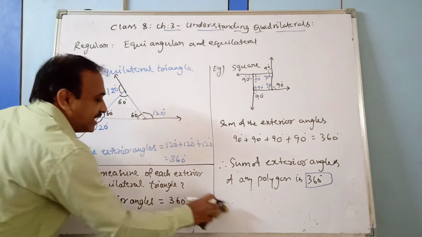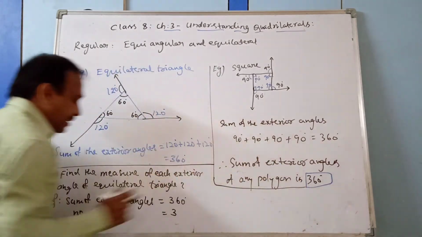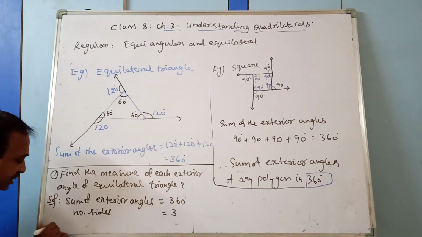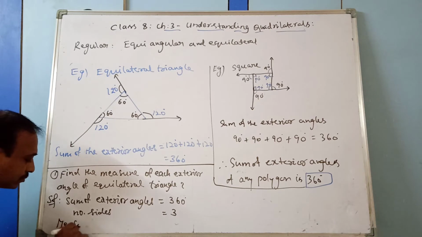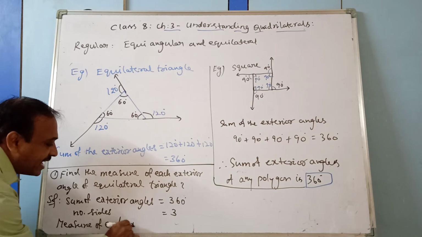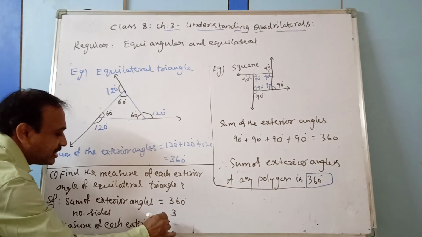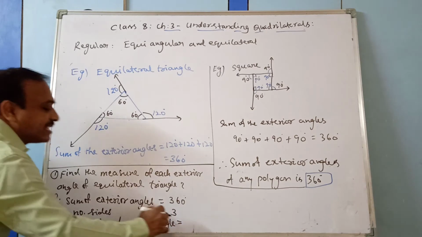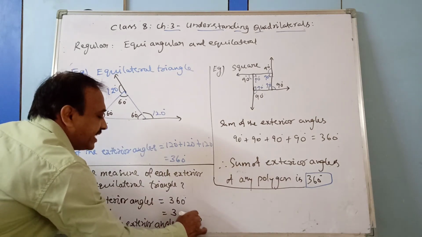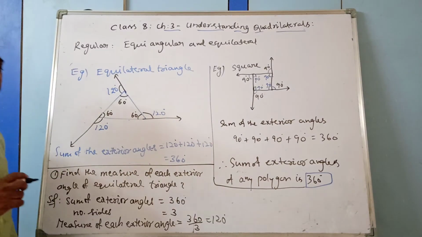Then its measure of each exterior angle is equal to 360 divided by 3, which will give you 120 degrees.